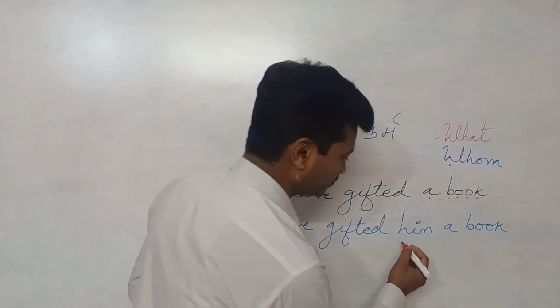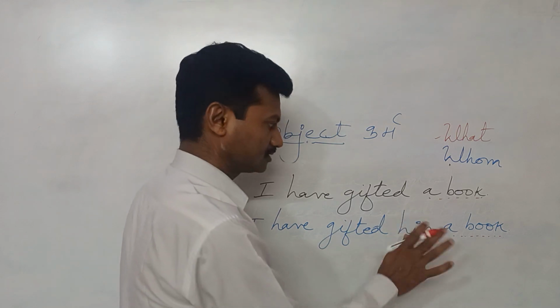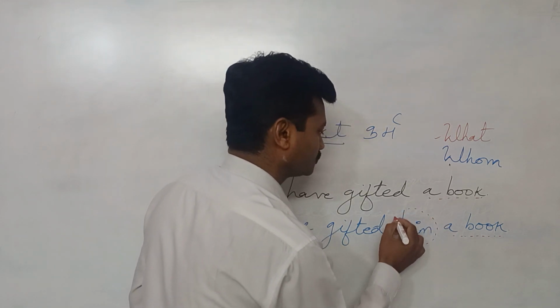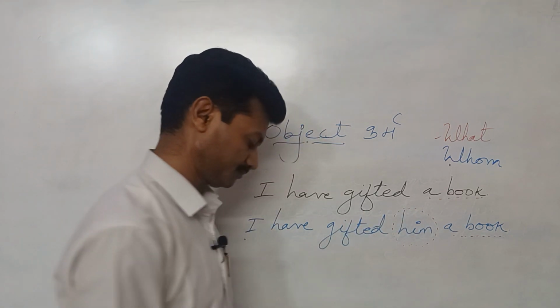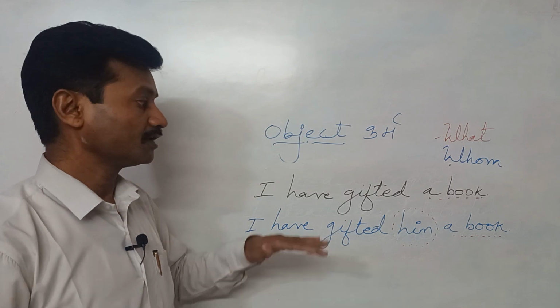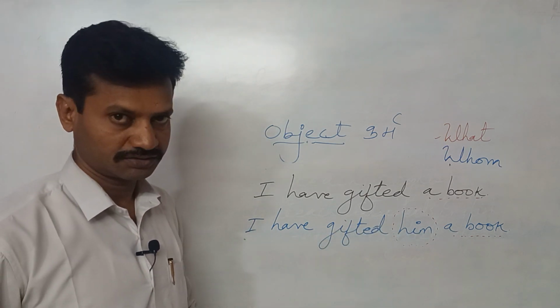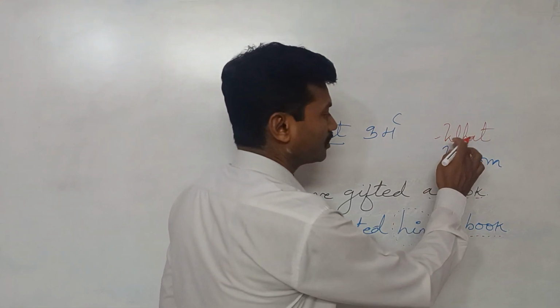So in this sentence, yes, a book is the same object, but again I have used him, and that is also an object. Now look, if there are two objects, so answer of what?